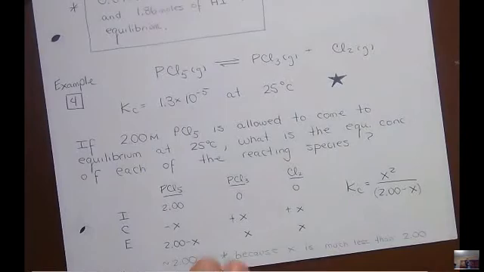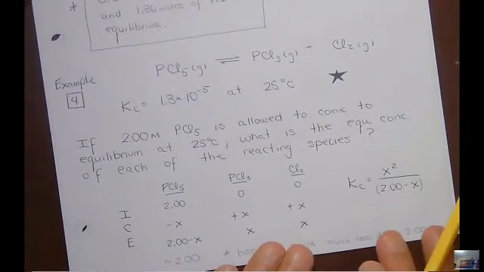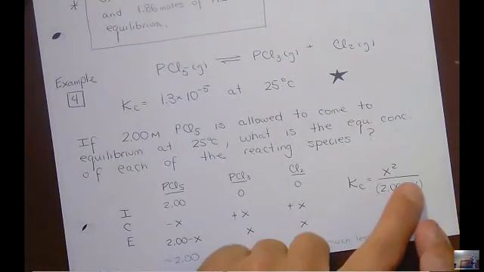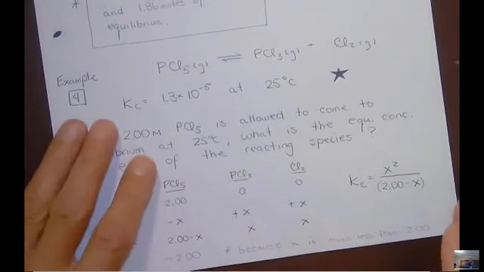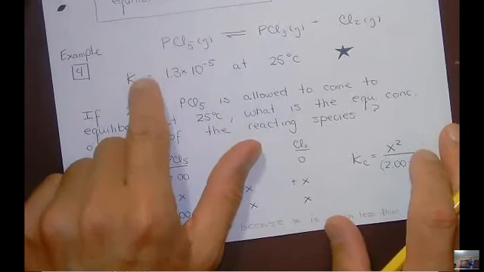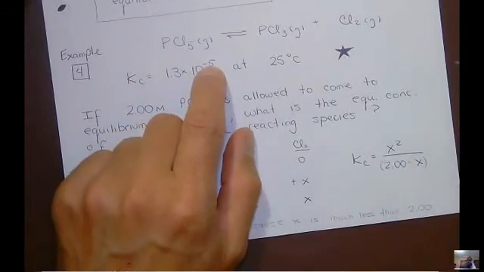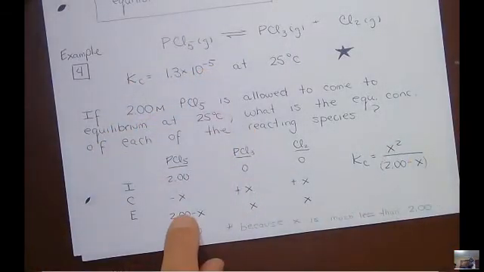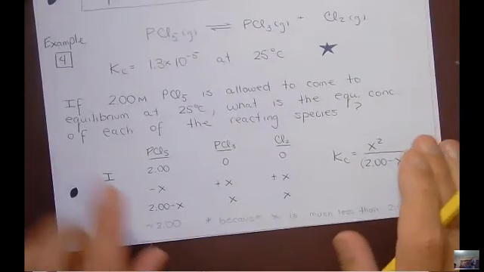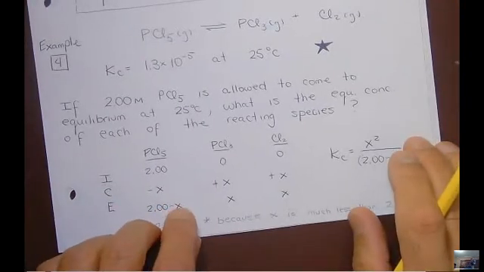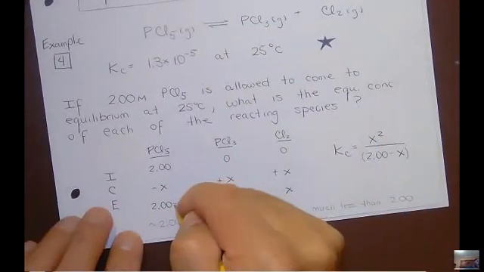Now when I get this, I would have to do a quadratic if I just left the x in over here. But let's take a look at Kc. Since Kc is so small, so much smaller than what you're starting with, it's going to be okay to drop the x because the 2 is going to be enormous next to x, and we'll see that when we're at the end.